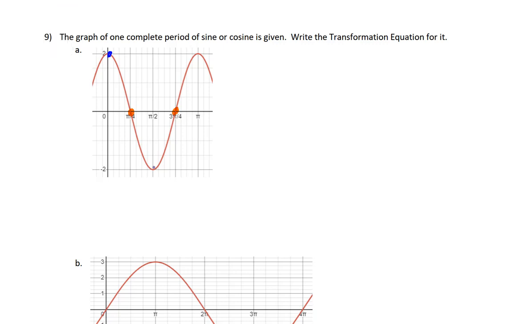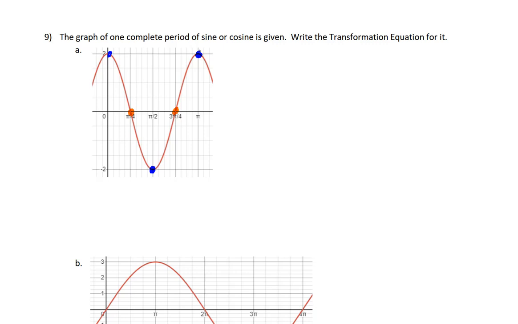And then there's a low point at pi over 2, next x-intercept at 3 pi over 4, then back up to the top at the point (pi, 2). Okay, so it starts at (0, 2), dips down all the way through the x-axis to (pi over 2, -2), then back up through the x-axis to (pi, 2). And those characteristics should give us a pretty good idea of what we're working with.